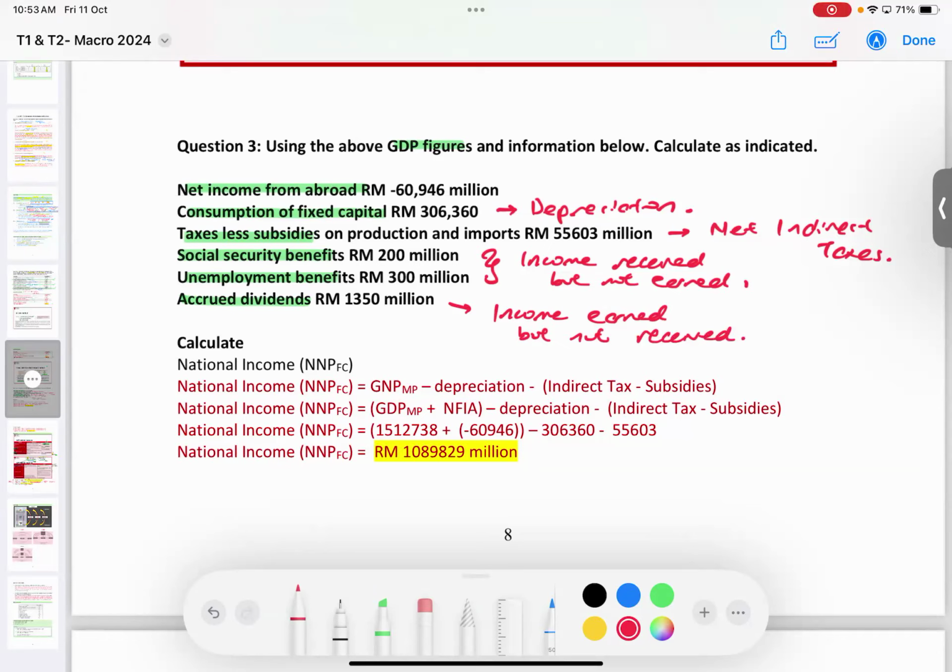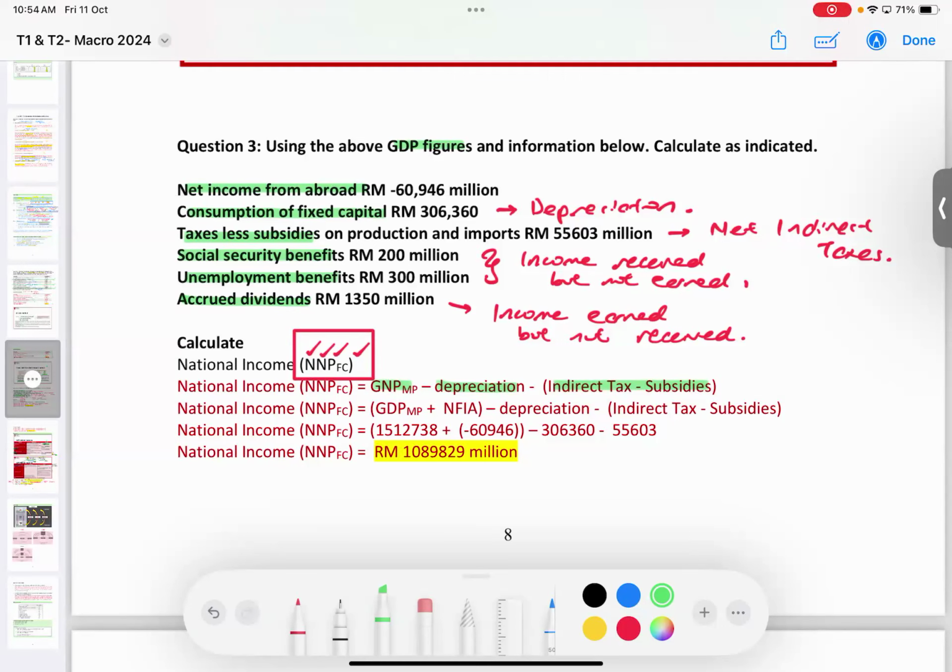Now the first one, they ask you to calculate national income. Remember, national income means net national product at factor cost. So when they ask you to calculate national income, we calculate the net national product, and here they want factor cost. So we use the formula just now: gross national product at market price minus depreciation because you want to calculate the net, and then minus net indirect tax.